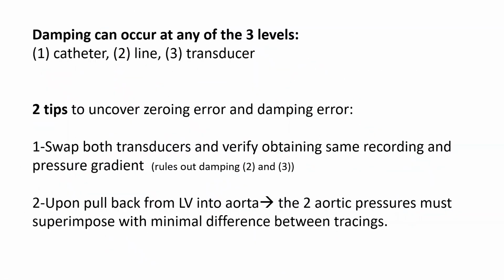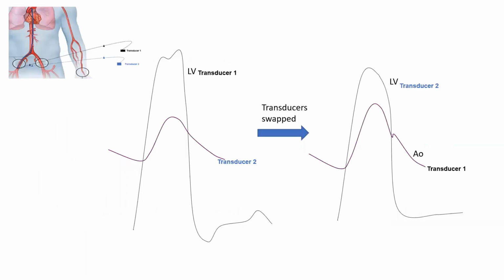Now we'll go over how to uncover errors in damping, okay? This is a very important thing because in today's era, the only cases we assess in the cath lab for severe aortic stenosis are those cases that by echo have a gradient of, generally speaking, 20 to 30 millimeter of mercury.